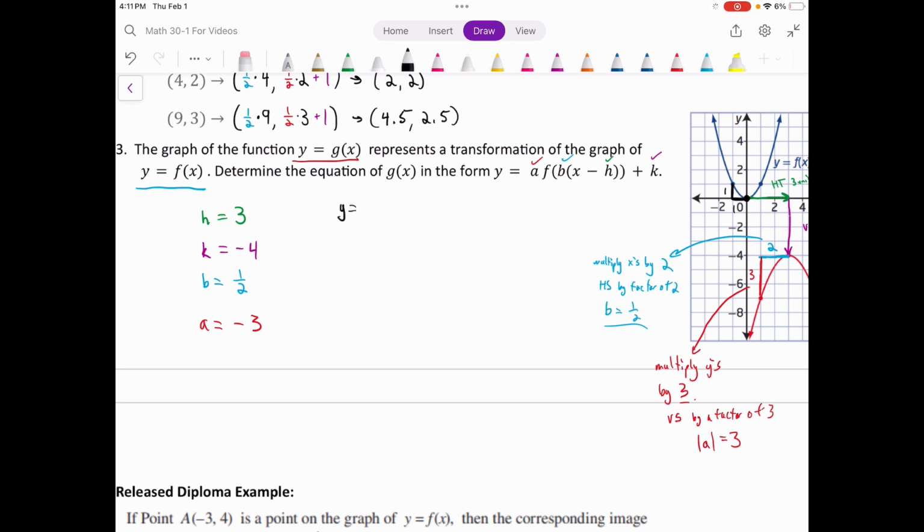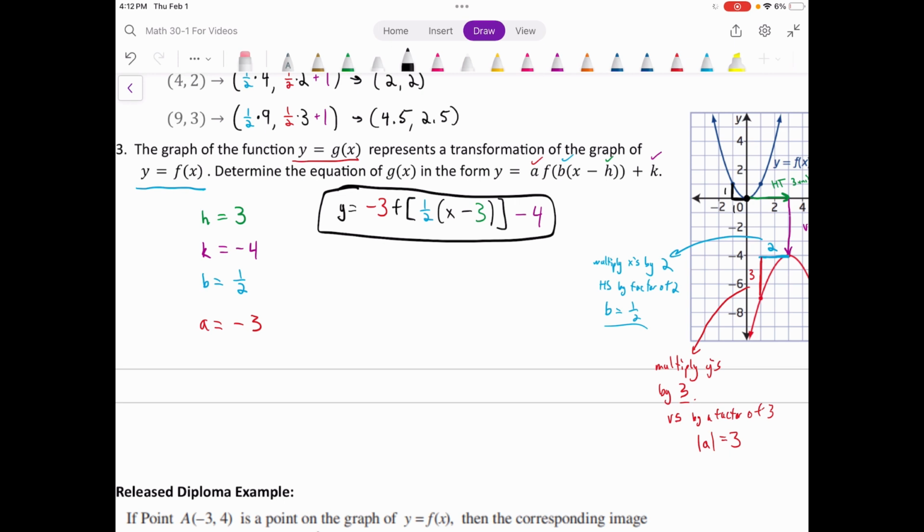y equals A, we now know that our A is -3, f of B, we know that B is 1/2, x minus h, so x minus 3, plus k, so plus -4, which is -4. And there we go. That's the equation for g of x in terms of f of x.